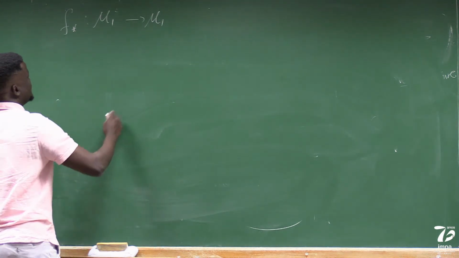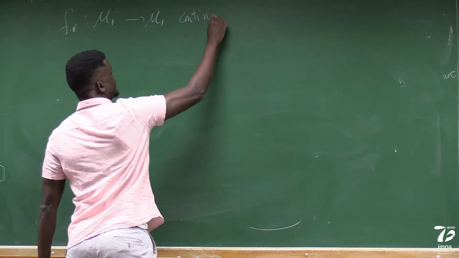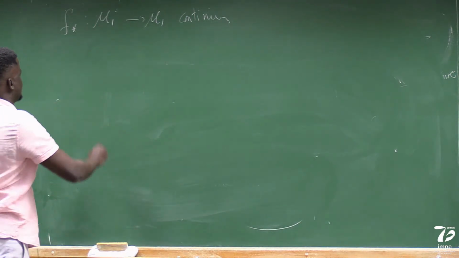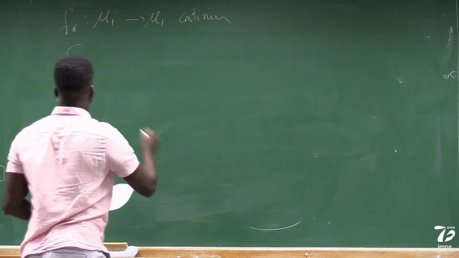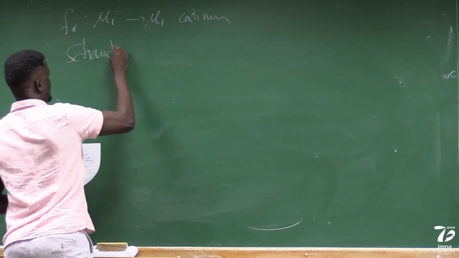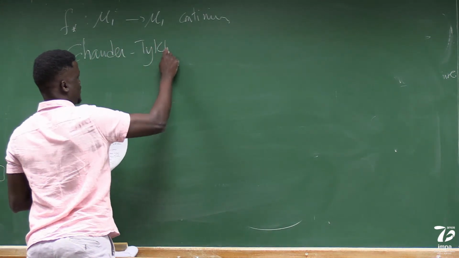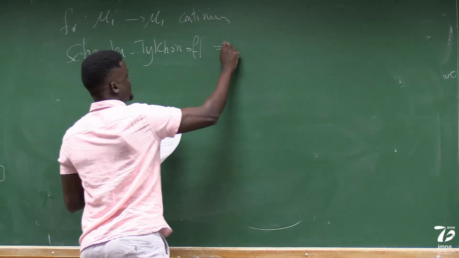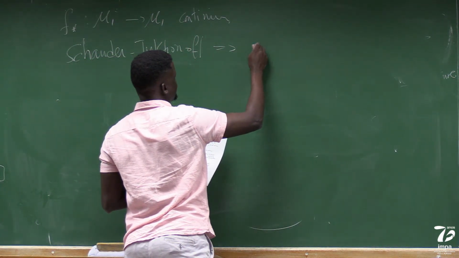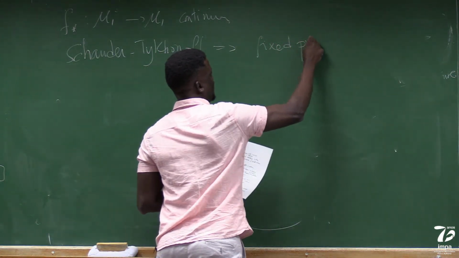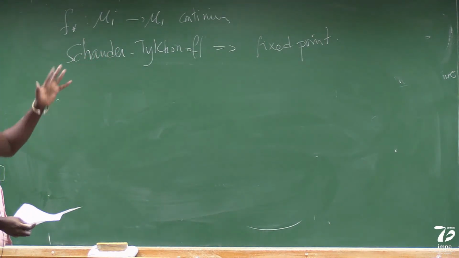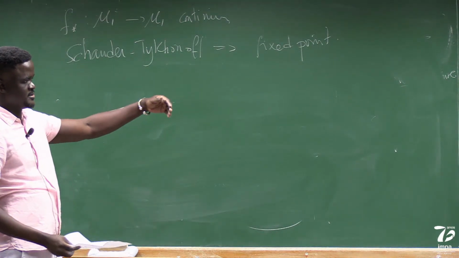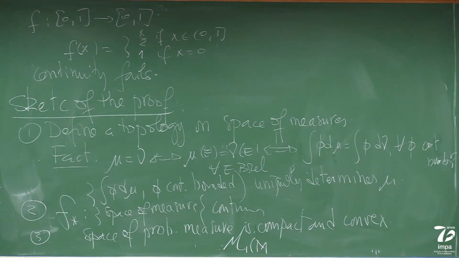F star is continuous, and M1 being compact and convex, Schauder-Tikhonov gives a fixed point. Okay, this is one way to prove it: you define the topology, F star is continuous, the space of probability measures is convex and compact, and then Schauder-Tikhonov.